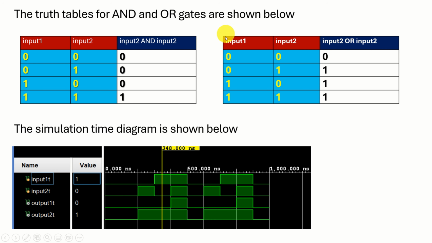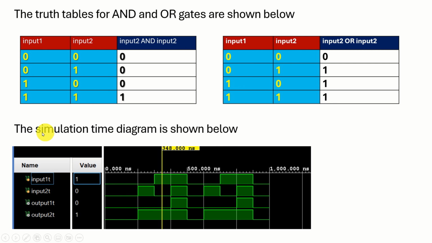Let's analyze the OR gate. First of all, when both inputs are 0, the output of the OR gate is 0. When input 1 is 0 and input 2 is 1, then the output is 1. Then when input 1 is 1, input 2 is 0, the output is 1, and when both inputs are 1, the output of the OR gate is 1.